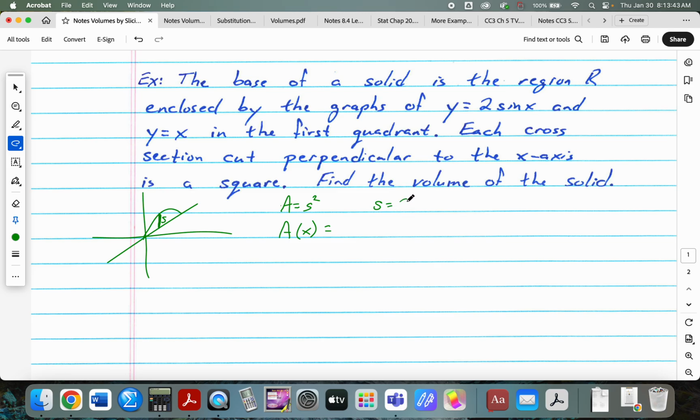So that's going to be 2 sine of x minus x, because it's the distance between those two curves. So the area in terms of x is 2 sine x minus x quantity squared.